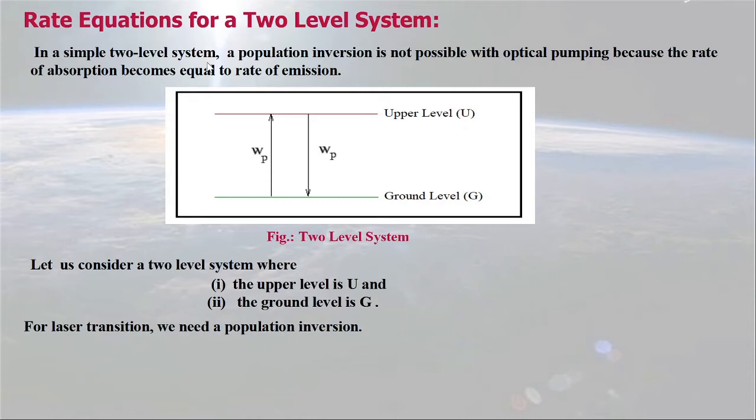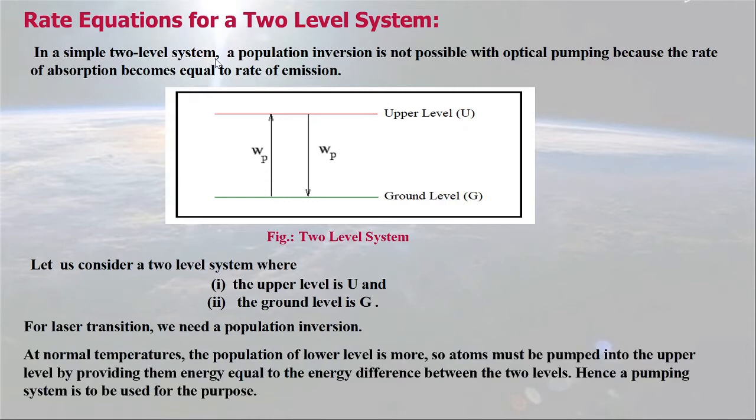At normal temperature, the population of the lower level is more than that at the upper level. So atoms must be pumped into the upper level by providing them energy equal to the energy difference between the two levels. Hence, a pumping system is to be used for the purpose.